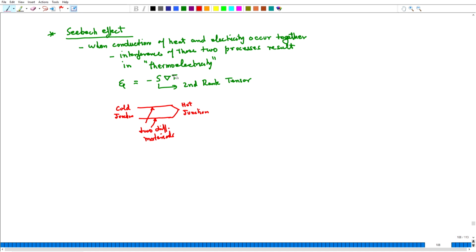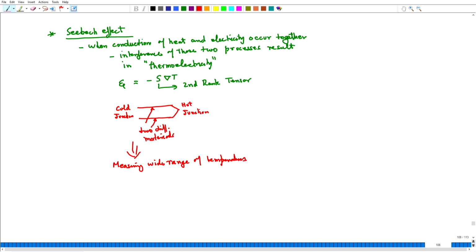And therefore, such a device is used for measuring a wide range of temperatures, ranging from very low temperatures to very high temperatures, by appropriately choosing the two materials.